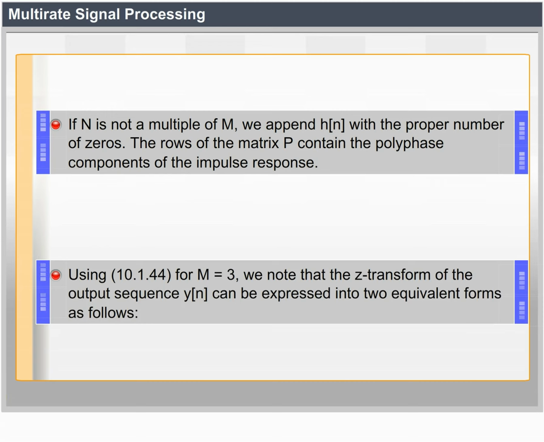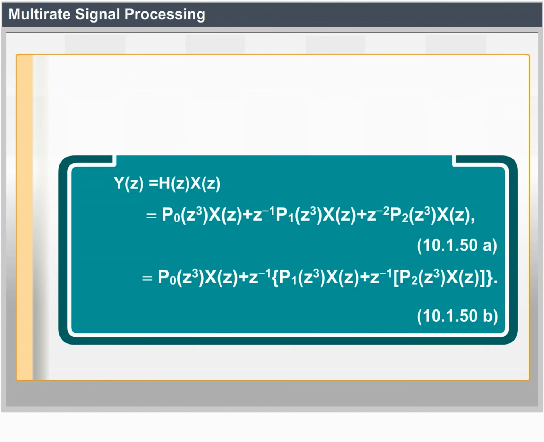Y(z) equal to H(z) X(z) equal to P0(z^3) X(z) plus z^(-1) P1(z^3) X(z) plus z^(-2) P2(z^3) X(z), called equation number 10.1.50a, equal to P0(z^3) X(z) plus z^(-1) P1(z^3) X(z) plus z^(-1) P2(z^3) X(z), called equation number 10.1.50b.